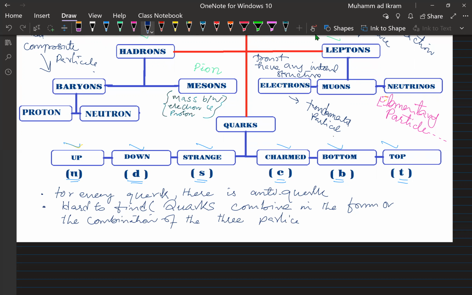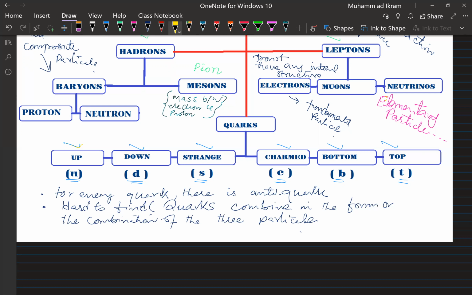So any combination can be, out of these six, any three. And as I told, there is one strange thing: individually, they do not exist separately.